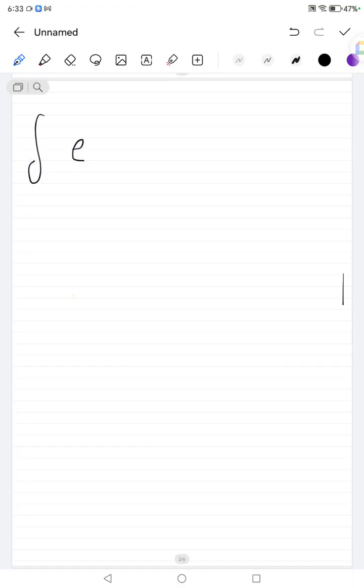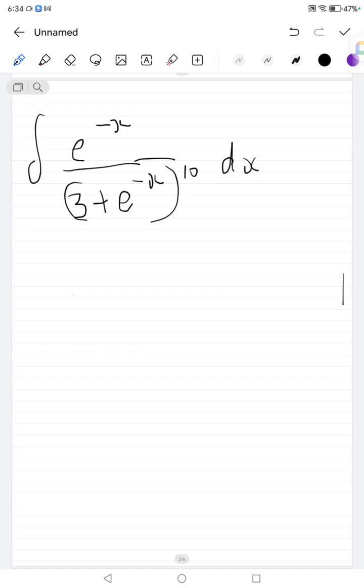We have my e to the exponent minus x over your 3 plus your e to the exponent minus x, then this is to the exponent 10, then you have your dx. Then as I said, in order to make this easier, we can just simplify it by letting this one be our u.